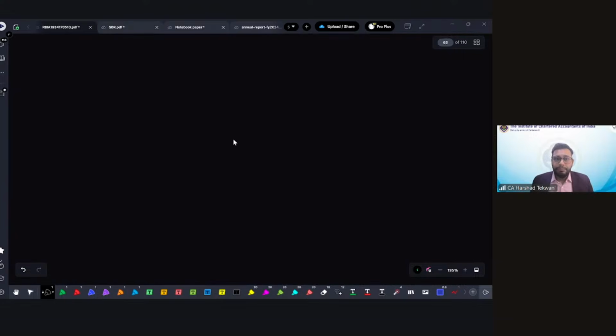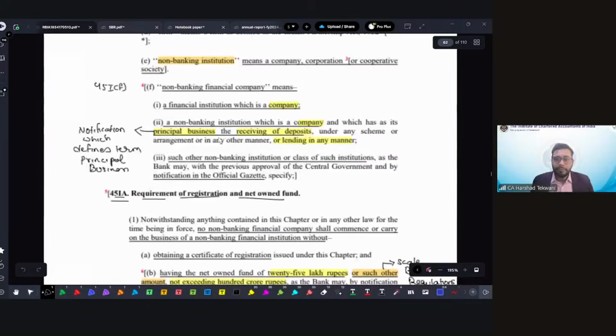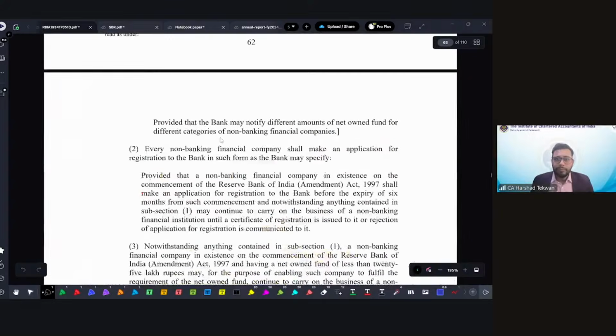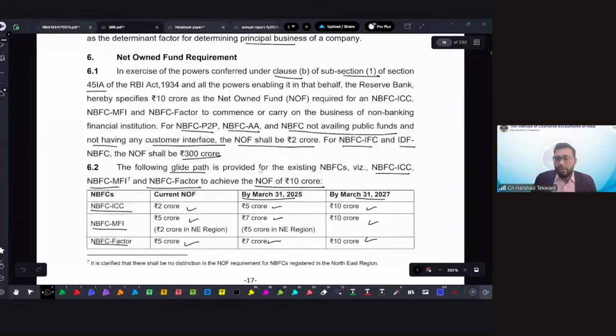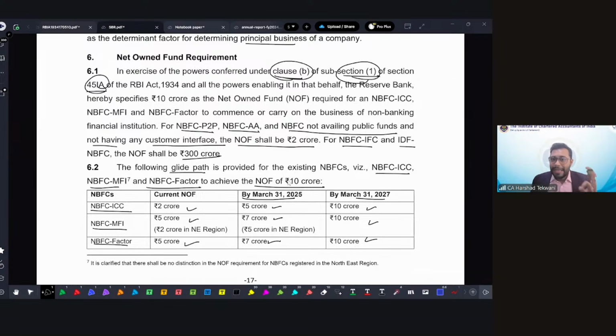See, this is 45 IA 1B, such other amounts not exceeding 100 crores. But this such other amounts is coming over here in your scale based regulation. 45 IA. This is the net own funds that each and every NBFC is required to maintain.